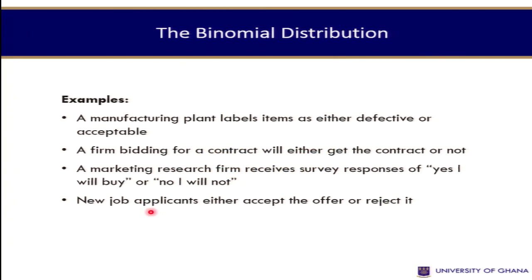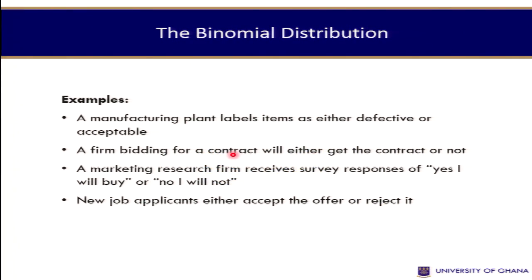And then new job applicants will either accept the offer or reject it. Now, in all of these examples, you see that each has two basic outcomes: either a yes or a no, either defective or non-defective, either they get the contract or they don't get the contract, or either they accept the offer for employment or they reject it.